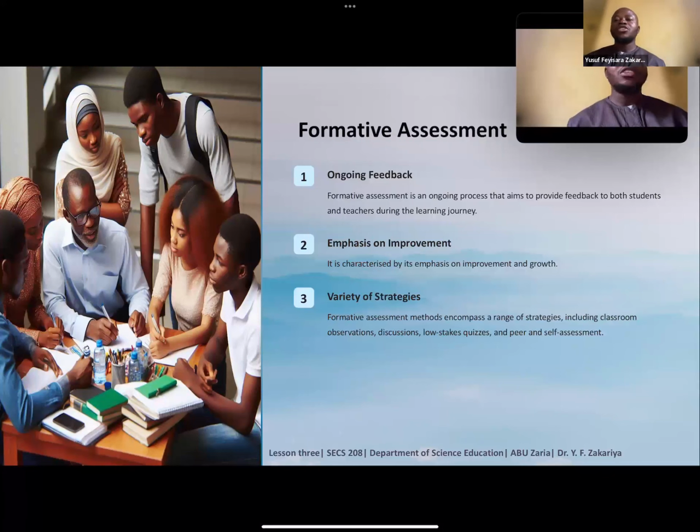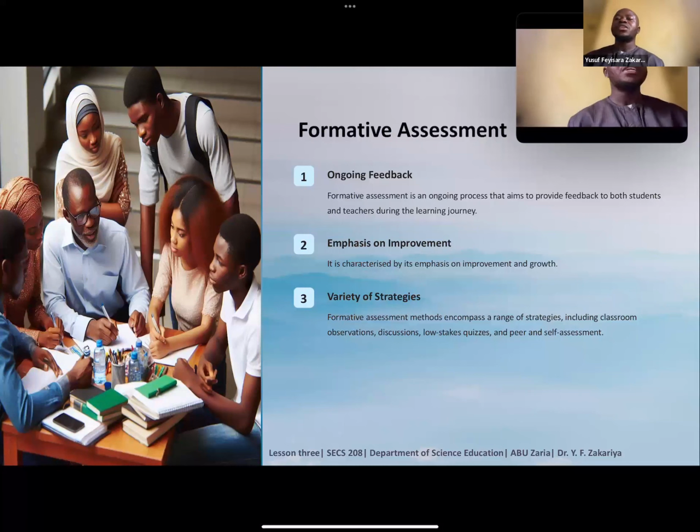Then there are a lot of strategies through which you can do this. This includes classroom observations, discussions like what is happening here, low-stake quizzes, and peer and self-assessment. By low-stake, we mean a quiz that at the end of the day may amount to 1% of the total score in the exam or in the course.